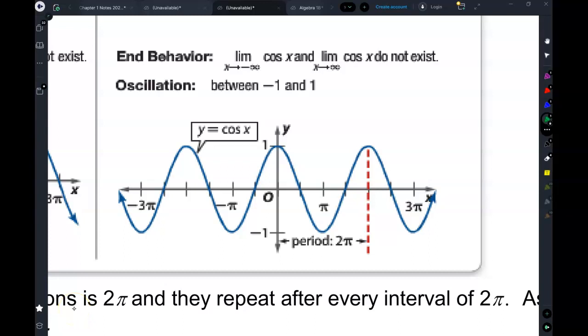When the angle is 0, cosine does not start on the axis of oscillation. It starts away from the axis of oscillation. So we have a maximum, 0, minimum, 0, maximum. Again, 5 points, and those 5 points are either 0, minimum, or maximum. That's it.